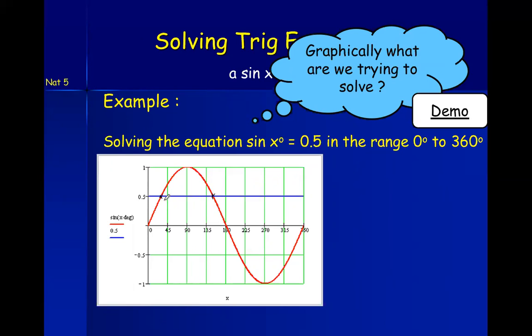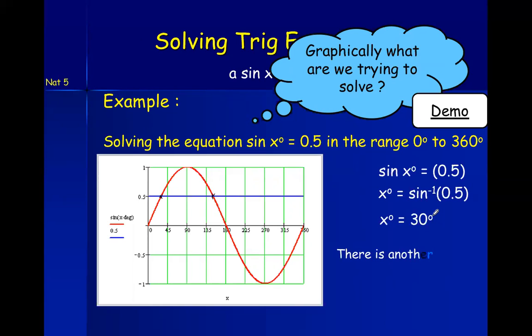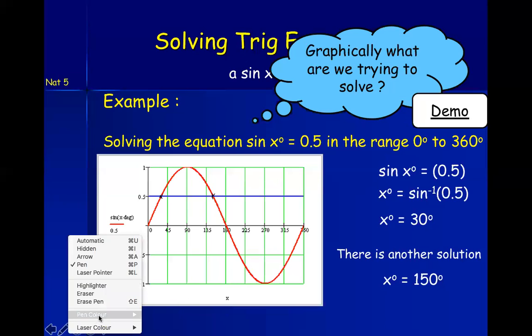One is at 30 and one is at 180 take away 30, which is 150. So this is what we just did. x equals 30, the other solution 180 take away 30. Maybe I would write it here so that you've got it as well. I'm going to change my pen color to white.